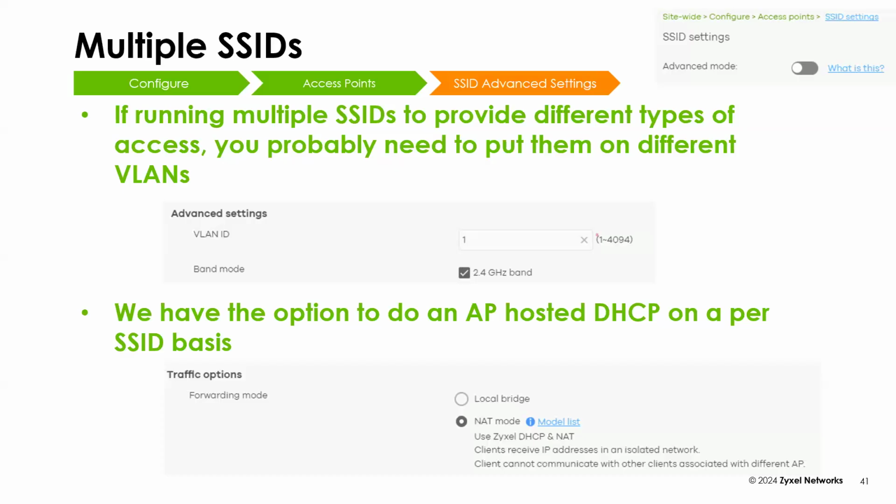So one of those things we can do is we can do DHCP on the access point. Most of our access points have the ability to have their own NAT server. And so you can put those users that are on a certain SSID on a different subnet than the rest of your other users using NAT mode, which essentially keeps them off and isolates them from your primary network.